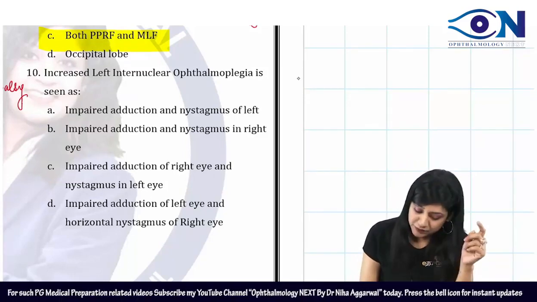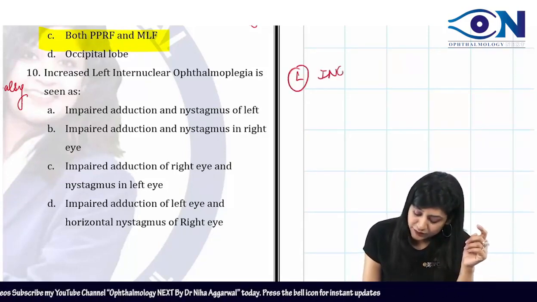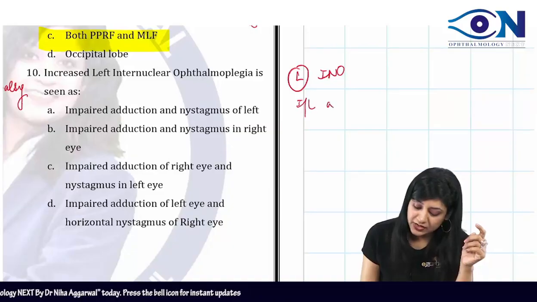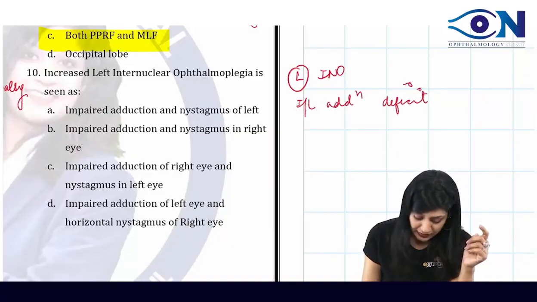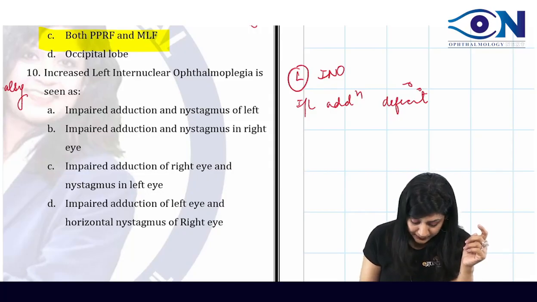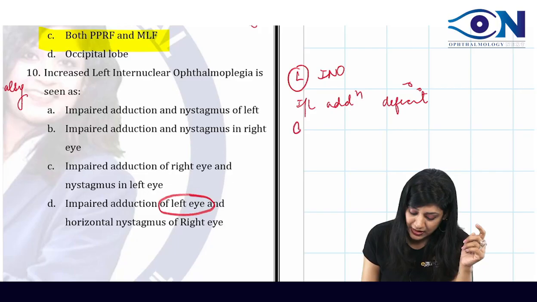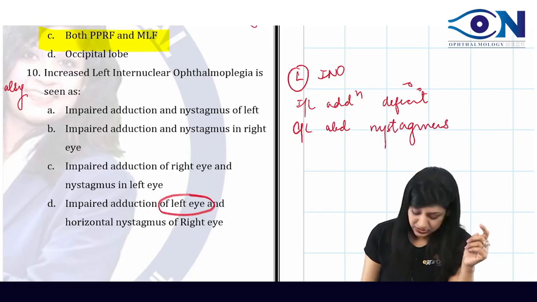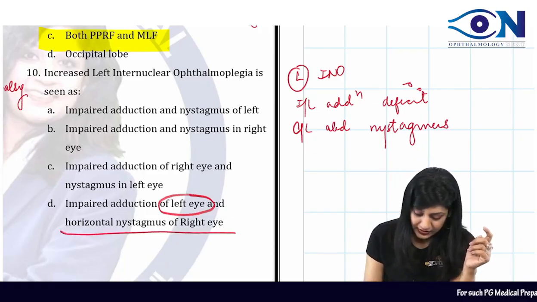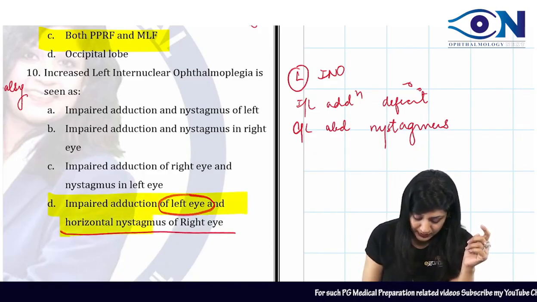So, if I have left INO, I will have the ipsilateral adduction deficit. So, there will be impaired adduction of the left eye, and we will have contralateral abduction nystagmus. So, it will be nystagmus of the right eye. Therefore, answer to this question will be D.